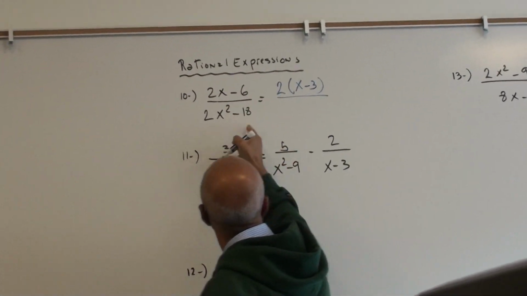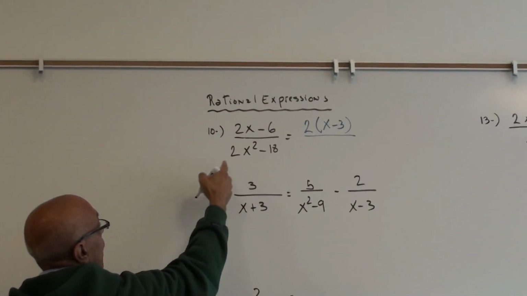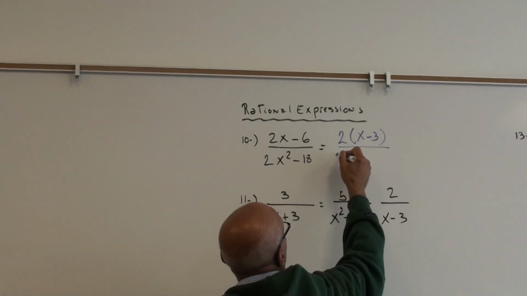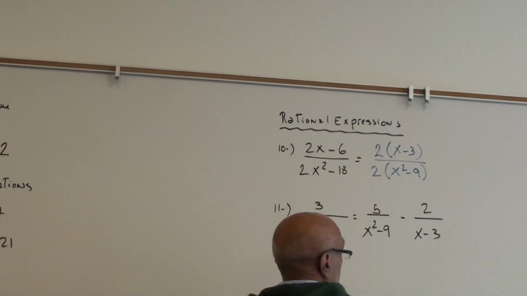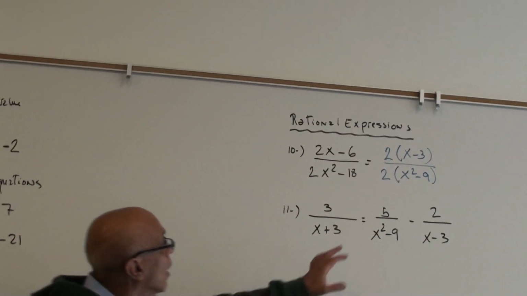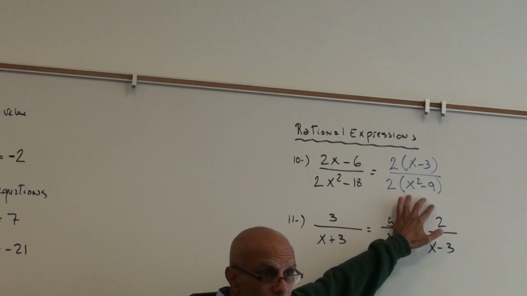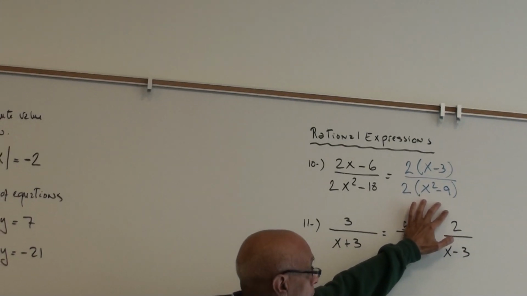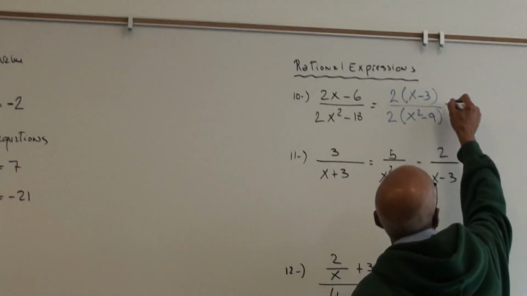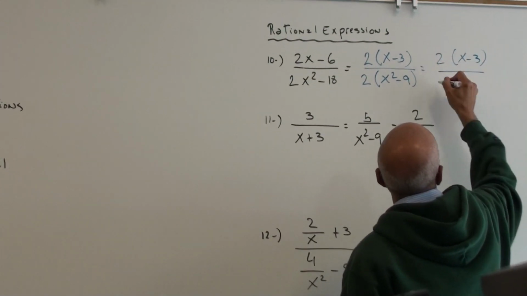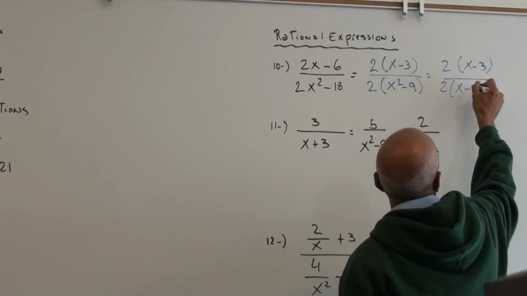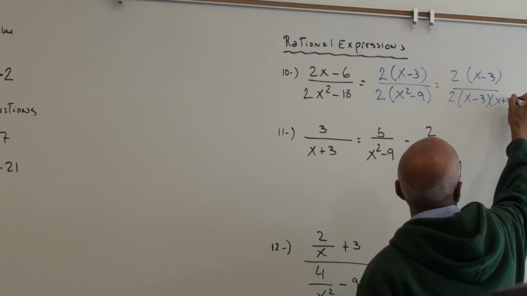What about here? Can I extract anything here? Yeah, I can extract 2 again. So I'm going to have 2 times x squared minus 9. Well, the difference between squares, I can factor there, so I'm going to do that and see what happens. So I have 2x minus 3, 2x minus 3, x plus 3.